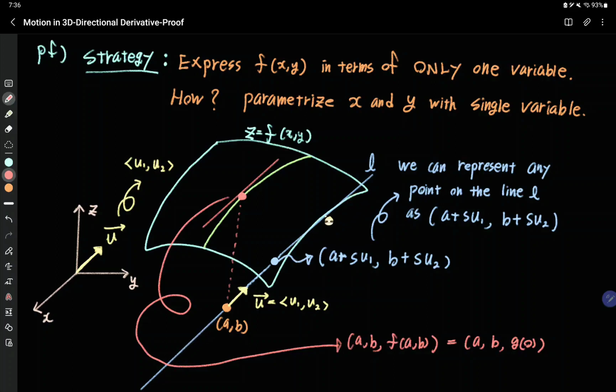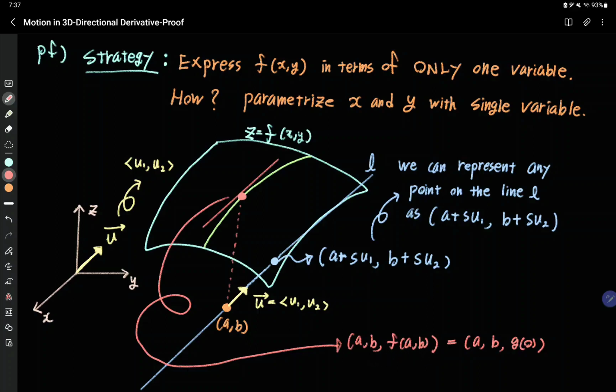You see the line L, which has the same direction as vector u. So we find the vertical plane containing that line. We cut the curved plane with that vertical plane, and then we get that intersection curve. So we'll find the slope of the tangent line of that curve at the point (a, b, f(a, b)), right there.